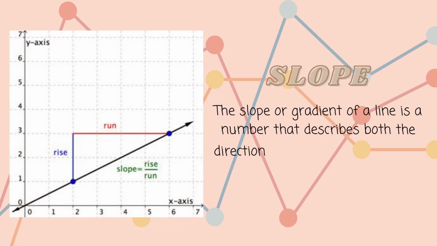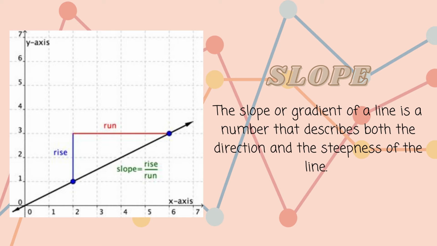The slope or gradient of a line is a number that describes both the direction and the steepness of the line. The slope of a line is the ratio of the amount that y increases as x increases some amount. Slope tells you how steep a line is, or how much y increases as x increases.